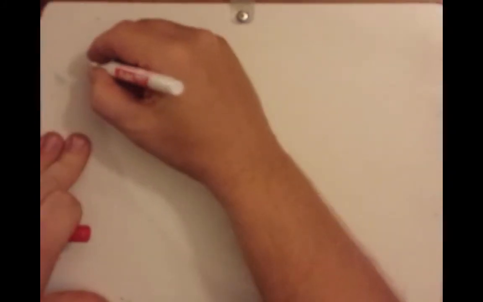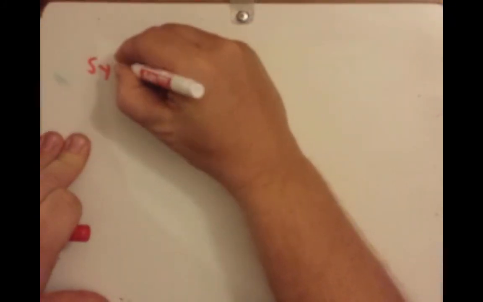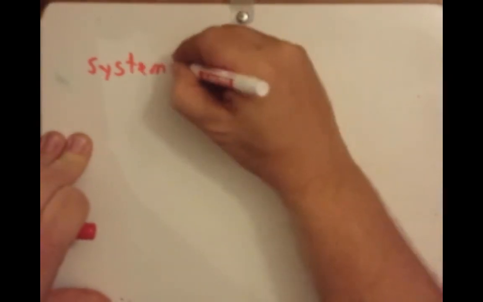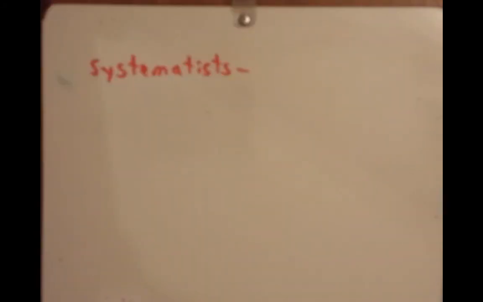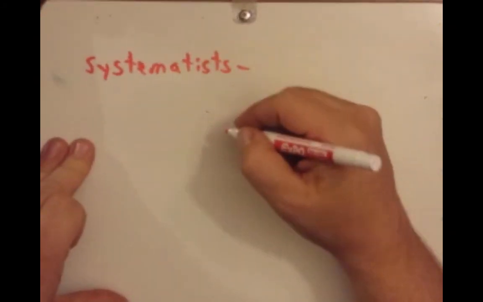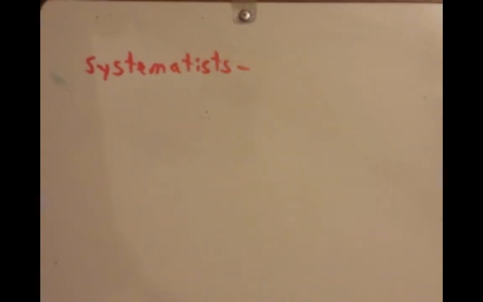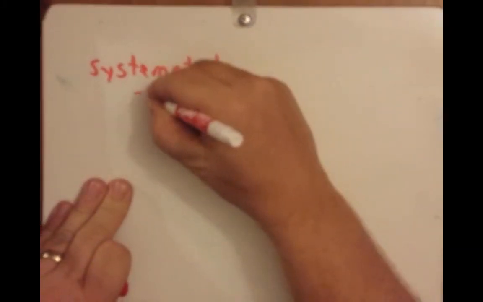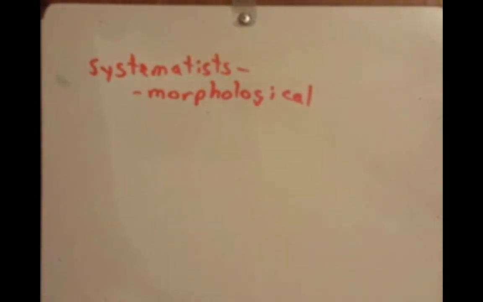Let's talk a little bit about how these organisms are placed within this hierarchical classification. In very general terms, the people who do this are called systematists. Systematists use a lot of different kinds of data to decide where different organisms fit within this hierarchical classification. They use morphological data.